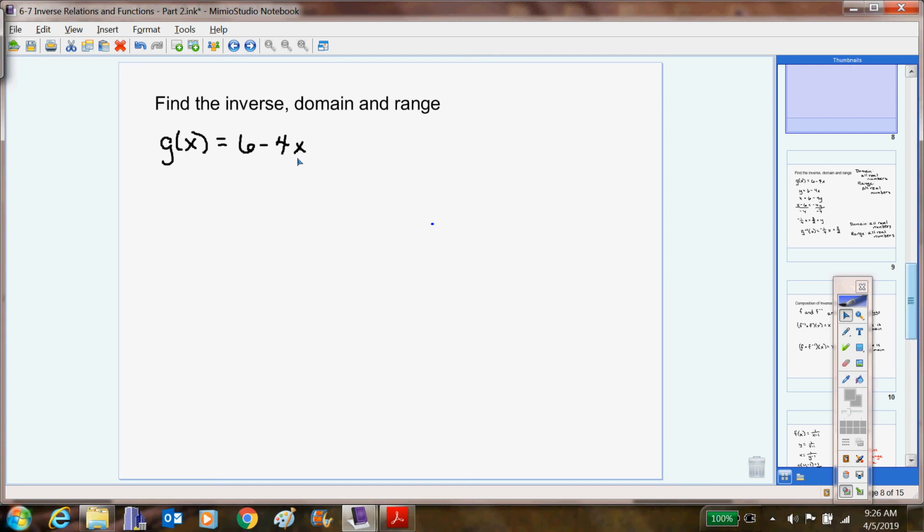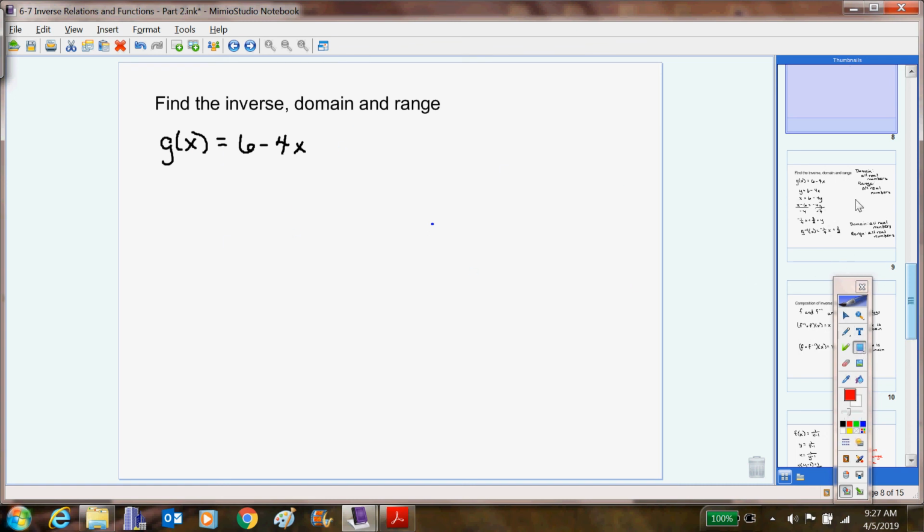How about the range? When you plug just any random number in here, you're going to get an answer. Yeah, also any real number. You're always going to get an answer, and there's nothing really that it won't end up being, the positives, the negatives.